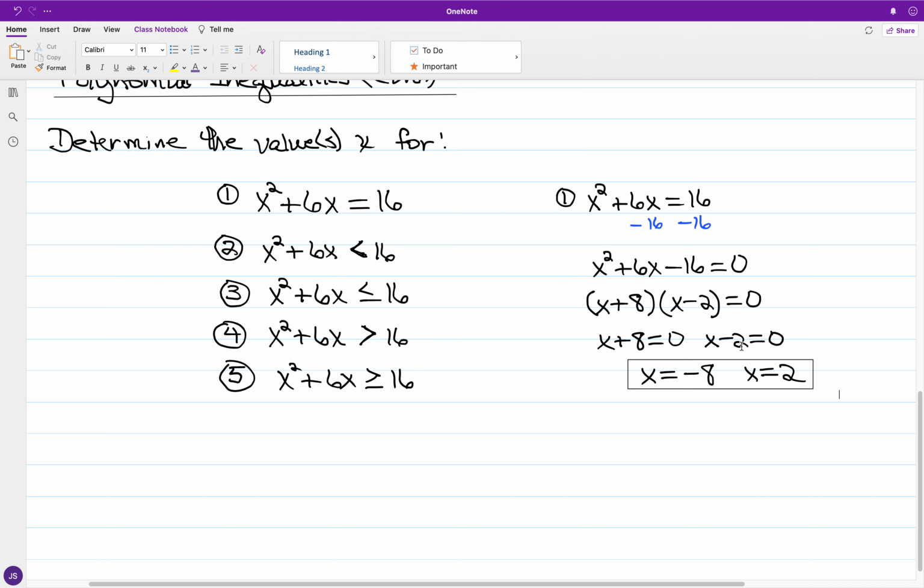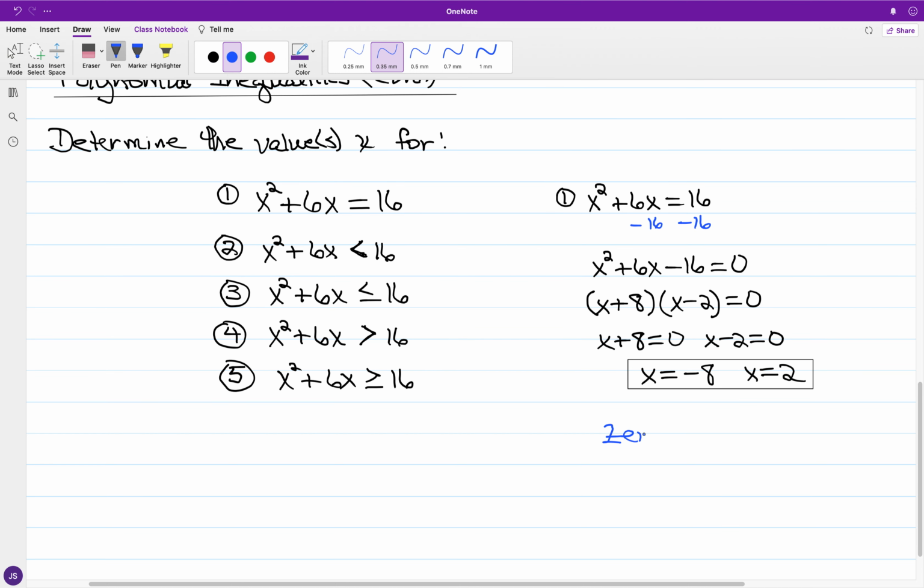And I'm going to use these values to set up a table. We got 0 values at negative 8 and 2.